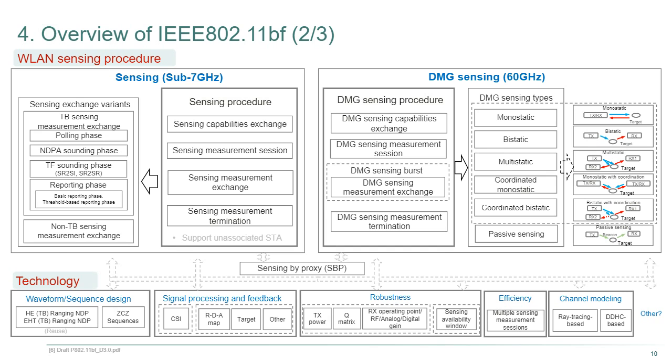No, I think it's not the target or the scope of 11bf. As I mentioned, 11bf is more concerned about sensing, using the technology and the devices to do the measurement for the environment and for the target, right? It's not targeting to resolve congestion or interference, not our target.